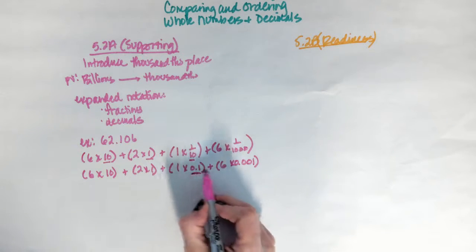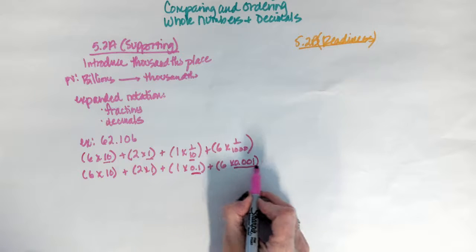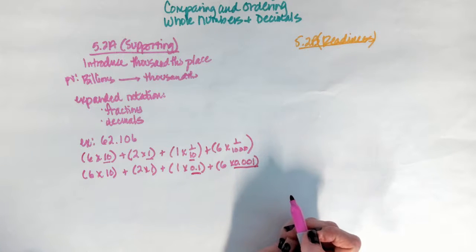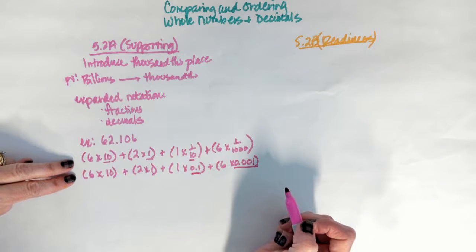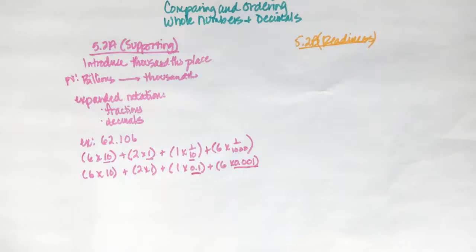This is another way to write 1/10. This is another way to write 1,000th. So kids need to work with this both ways. This is going to lay the foundation for later when you are asking students to write things like 1/10 as a decimal, because they need to add it to a decimal number. So they have to know that I can write 1/10 as a fraction or a decimal.